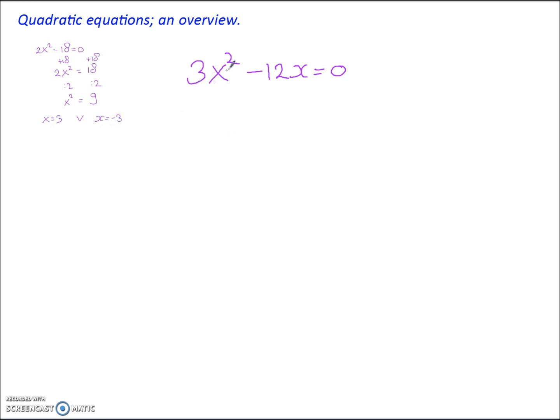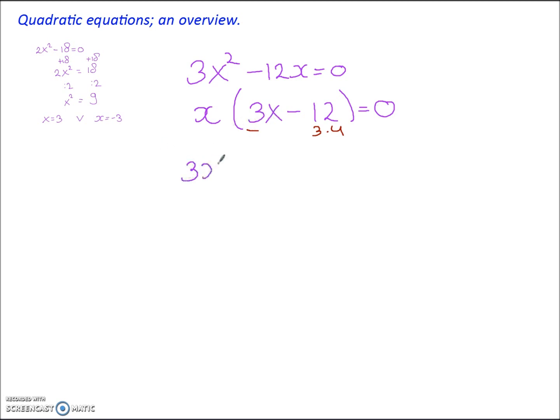We can, however, since there is at least one x in both terms, divide out 1x. So x times 3x minus 12 is equal to 0. You can also note that there's a 3 in this term and a 12, which is 3 times 4 in this term. So I can also divide out 3.